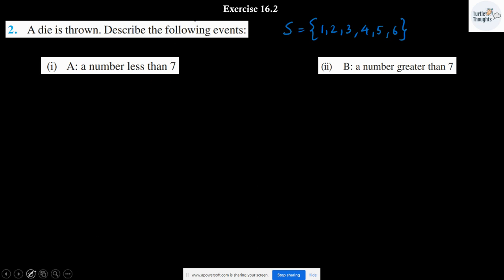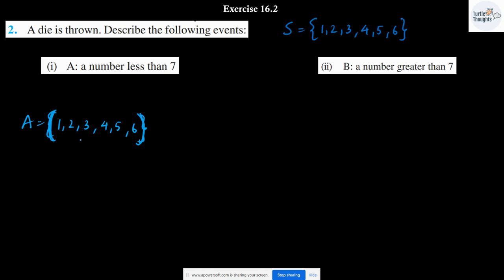Event A is a number less than 7. What are the numbers which are less than 7? All the numbers here are less than 7. So A is going to be 1, 2, 3, 4, 5, and 6. I can write normal brackets; you need not write a flower bracket.